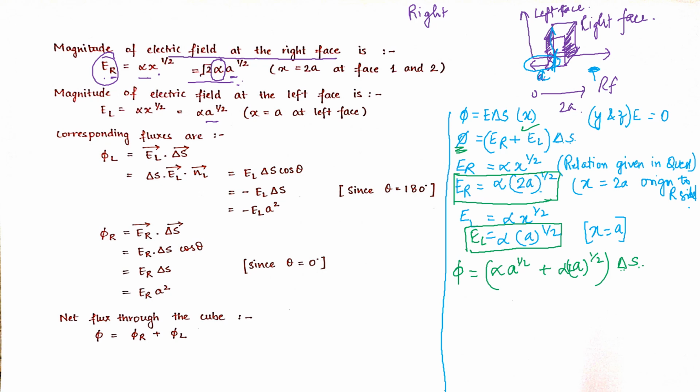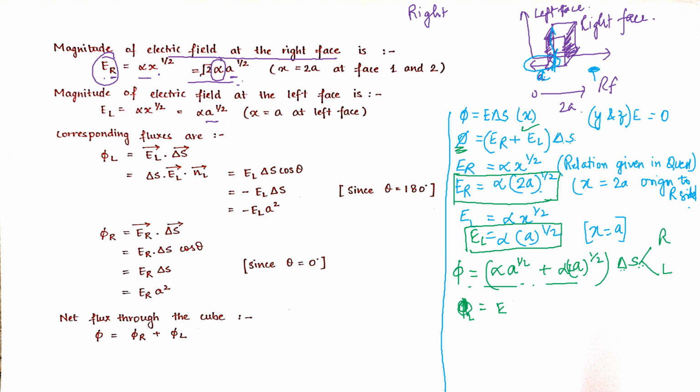The surface del S will be different for right and different for left. So we have to again segregate this as flux for left. This is not del, this is xi.